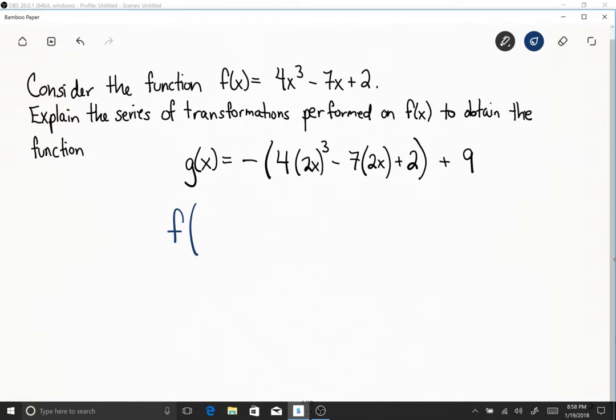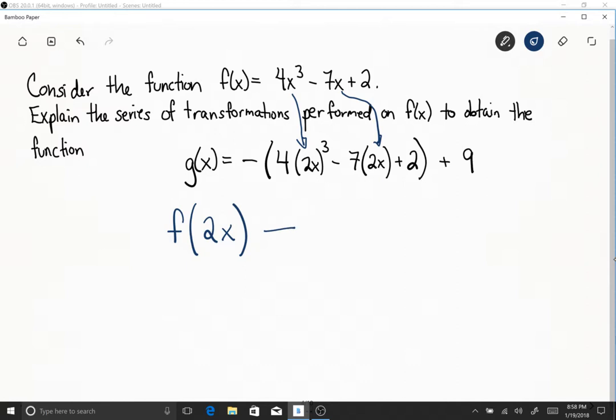So notice the first thing, the x's have been replaced with 2x. So we'll start with that. So you have f of 2x. What does that do?